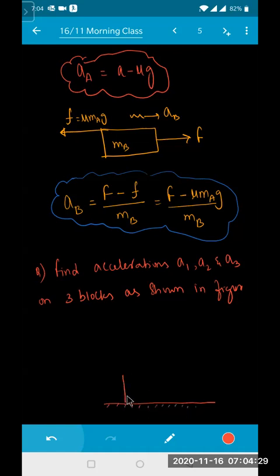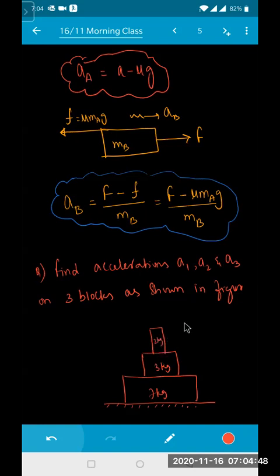There is one block here, and on top of it another block, and on top of that another block. Okay, this is like say 7 kg, this is 3 kg, and this one is 2 kg.